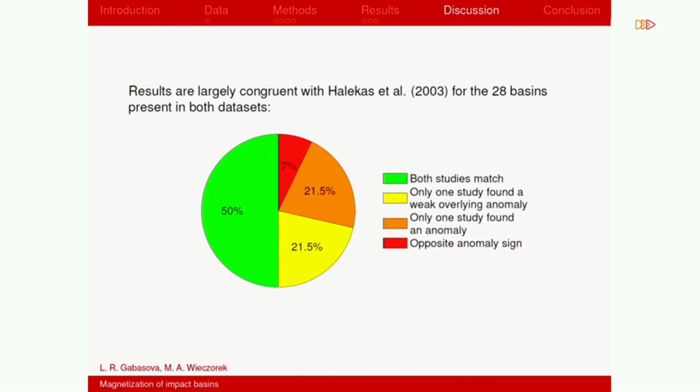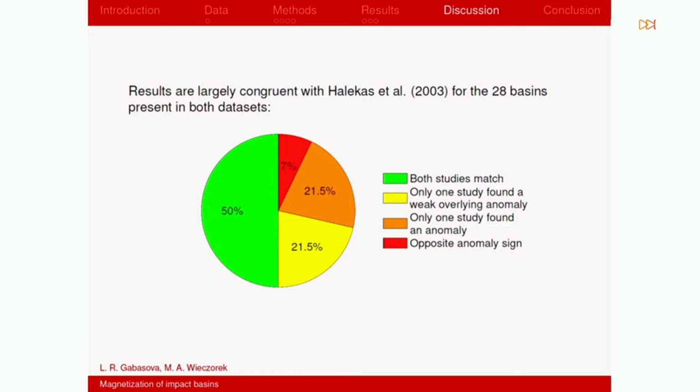So if I compare these results with what Jasper Halekas did, mostly the results are congruent for 50% of the 28 basins that we both have in our relative studies. 50% of the basins have the same signature.